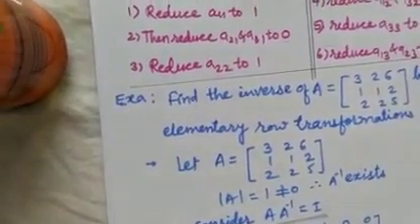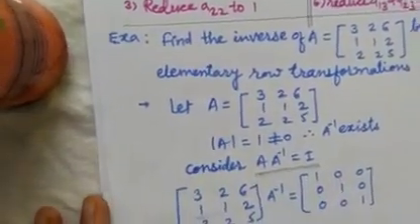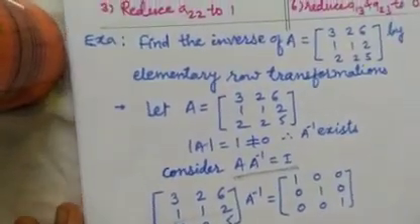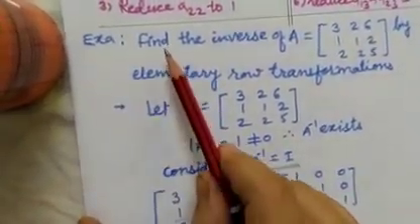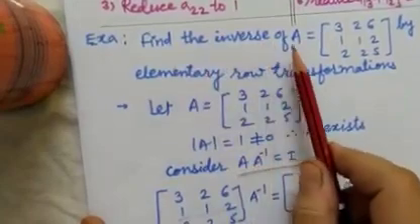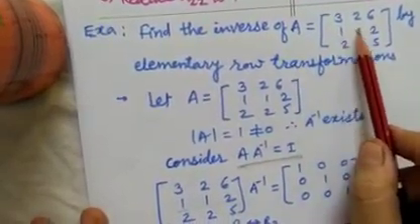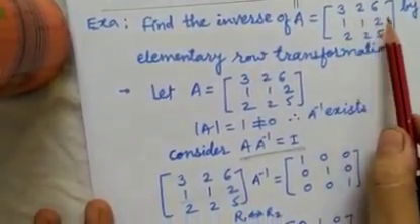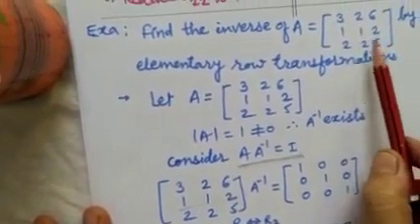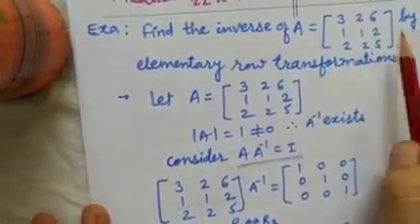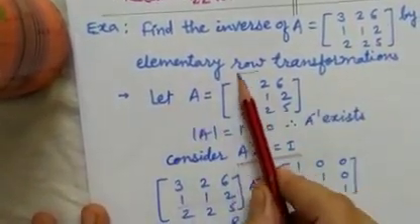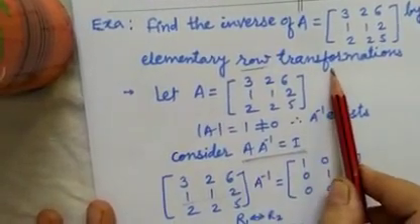Let us see how to solve an actual example. See the example. Find the inverse of the matrix with elements 3, 2, 6, 1, 1, 2, 2, 2, 5 by elementary row transformations.